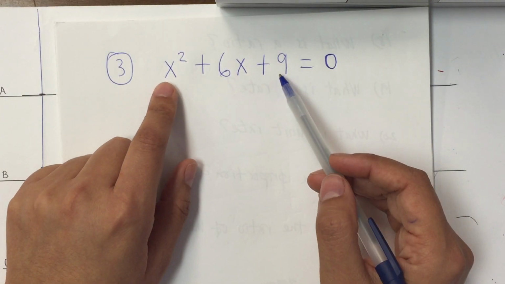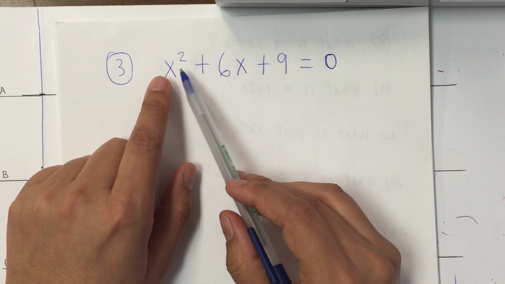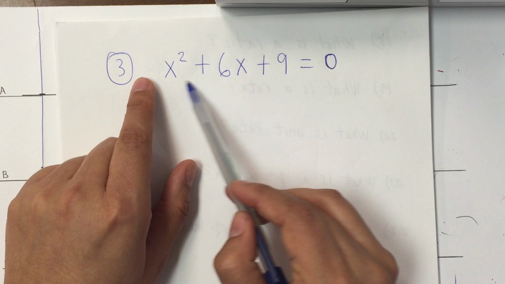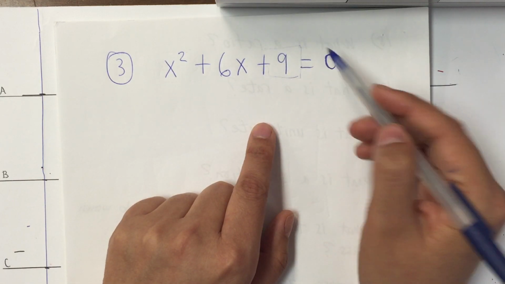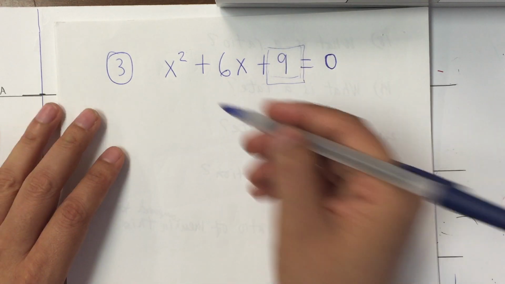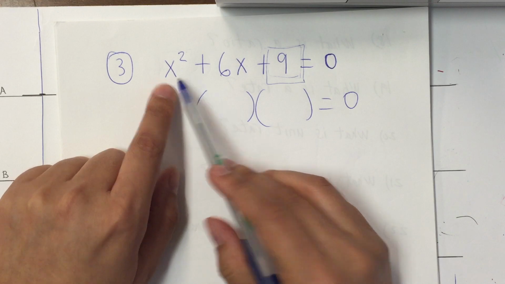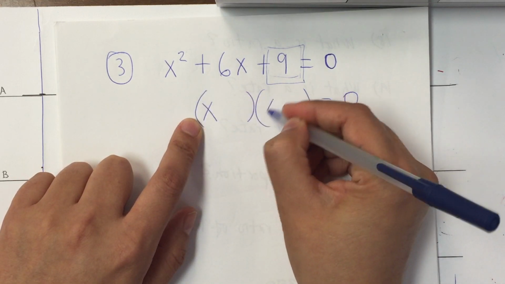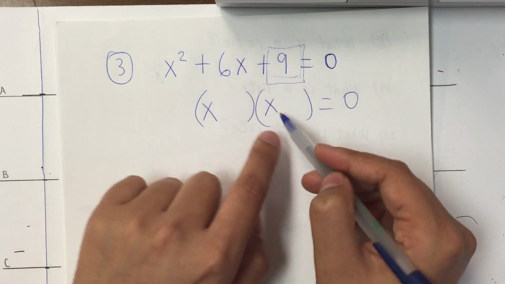So in here, you're not given the factors already, but we know that this is a perfect square because the first term is a perfect square, the last term is a perfect square, and so we just open parentheses and we take the square root of the first one and put it in here. So the square root of x squared is x, and put it in both of them.